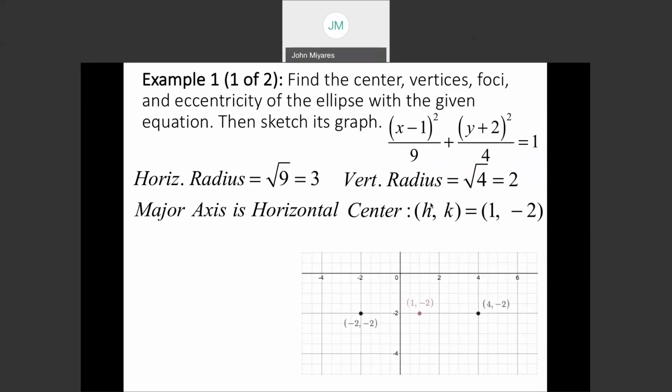Next, we'll plot the co-vertices, which are going to be 2 units above and 2 units below the center point, which will then be the point 1, 0 and 1, negative 4. Finally, we'll sketch our ellipse through those 4 given points.